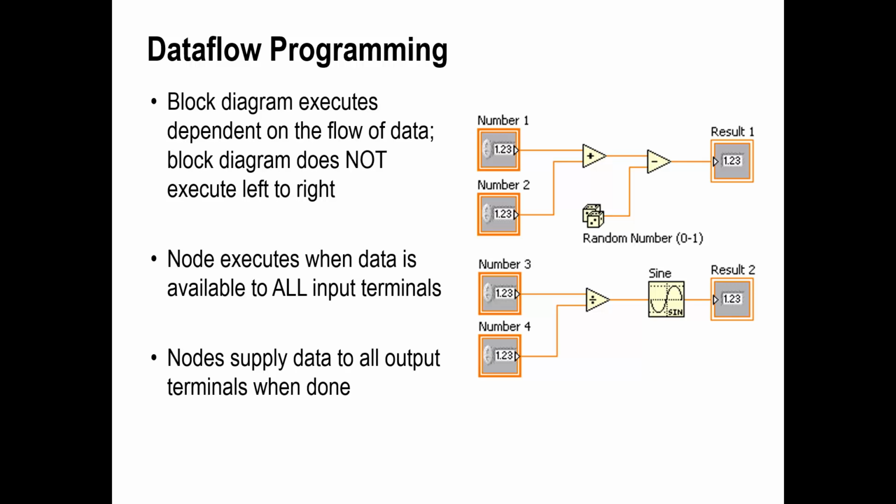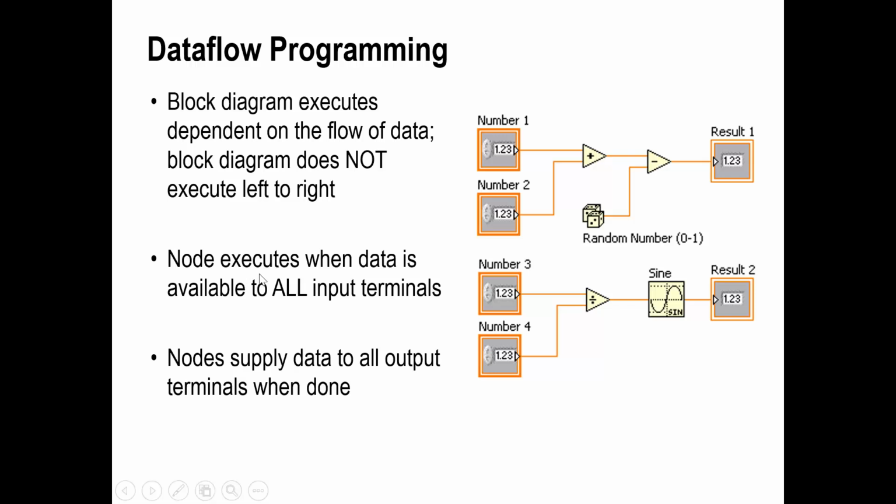LabVIEW has a unique feature of data flow programming. It is different from normal or sequential programming. Here, whenever the data is available, that particular node will execute. It will not wait. The block diagram executes depending upon the flow of the data. The block diagram does not execute from left to right or top to bottom.